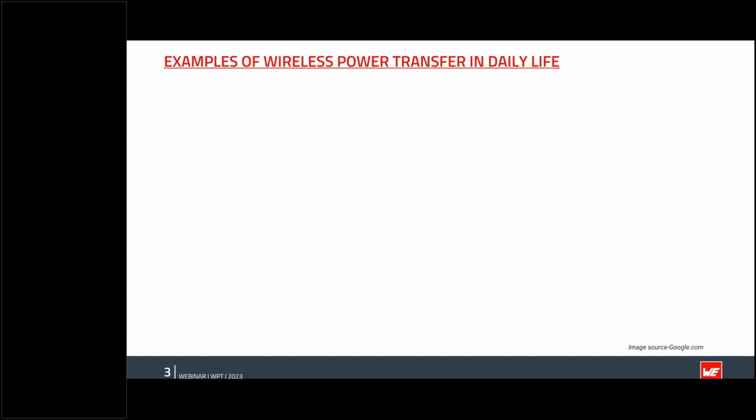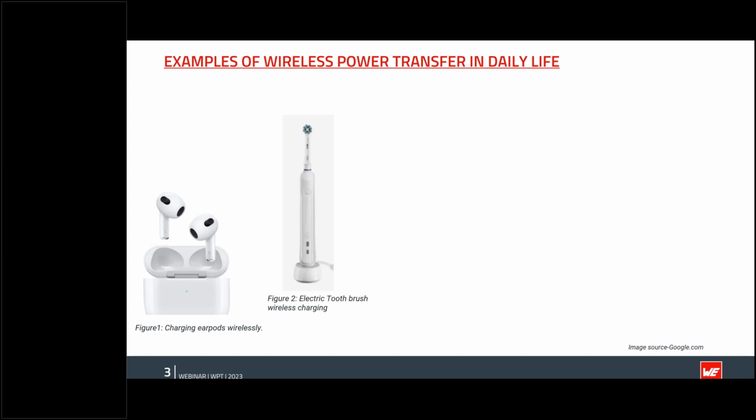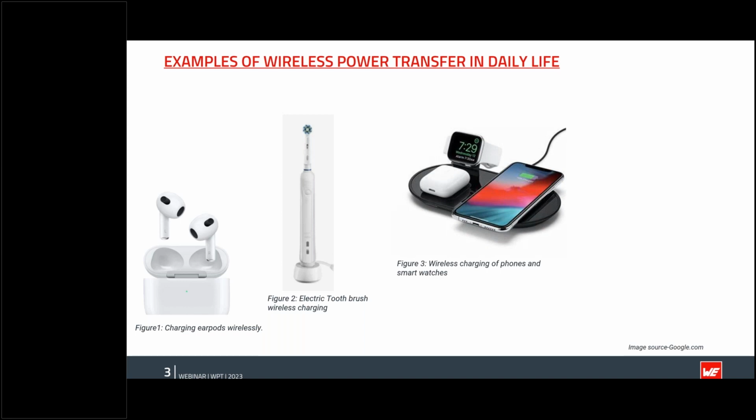So let's begin the webinar today by talking about a few examples that we use in our daily lives, which use wireless power transfer. Charging earpods wirelessly is one of the most commonly used applications that most of us know today. A second example is that of an electric toothbrush, which has been here for quite some time, and it is also being charged wirelessly.